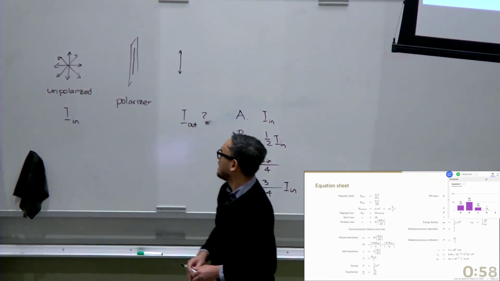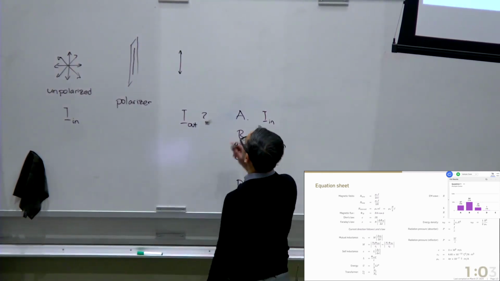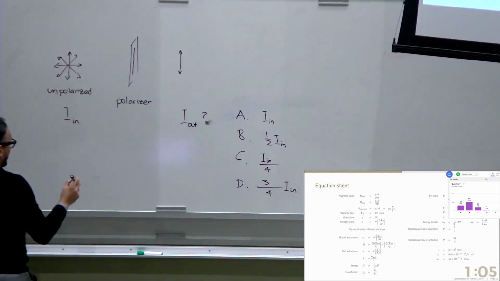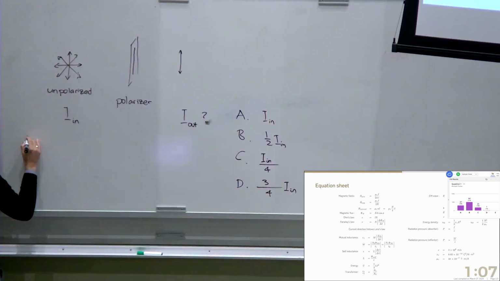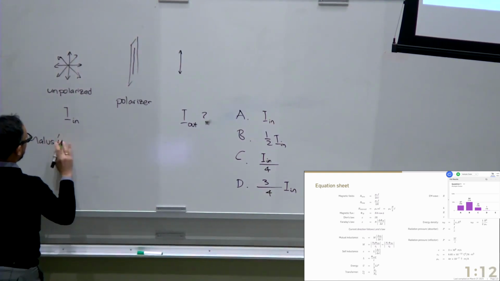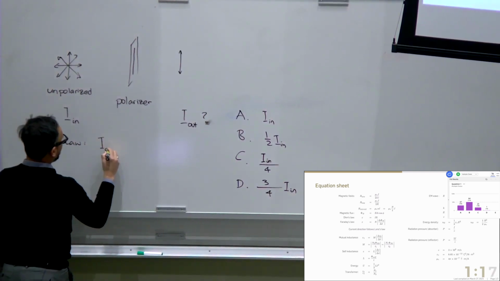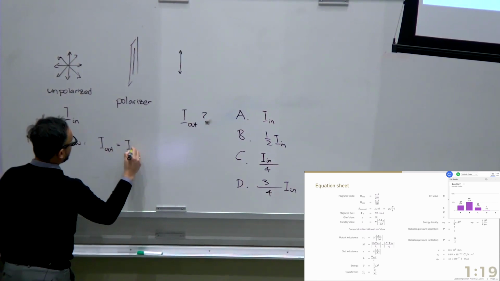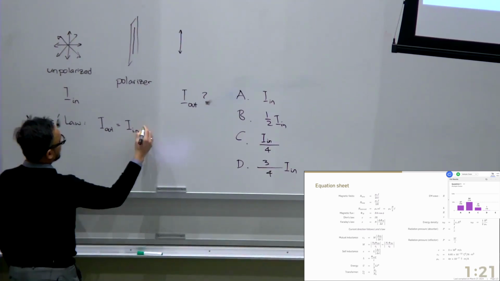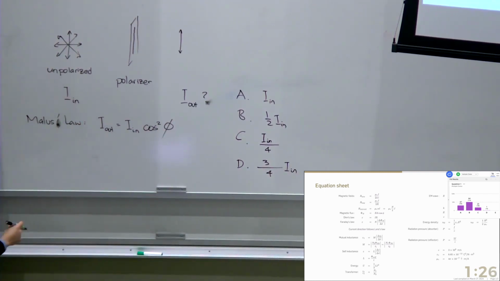What is the answer? The answer is B. What formula should you use? The law is Malus' law. I output is equal to I input times cosine squared phi.